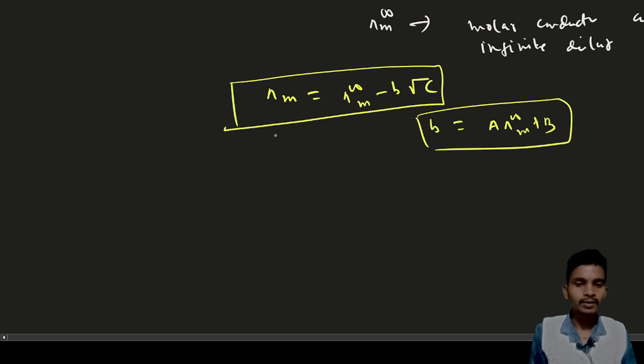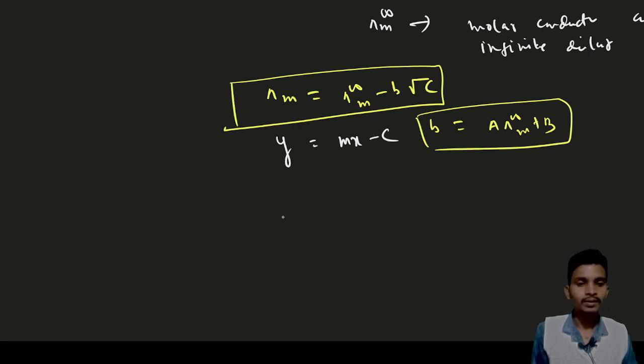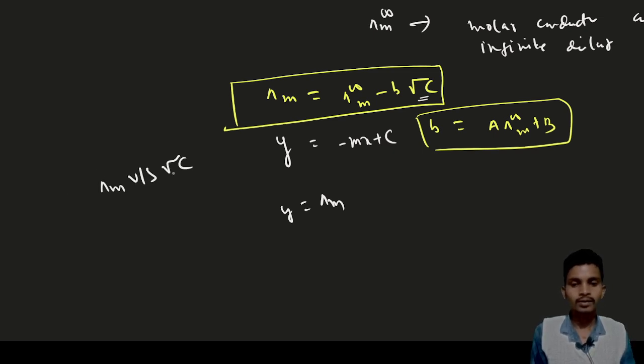So this graph is, let's say we take this as y, then we can say y = mx plus c, because here y is equal to molar conductance. We are plotting the graph of concentration, so y is equal to molar conductance, and x is root c, then m will be minus b.